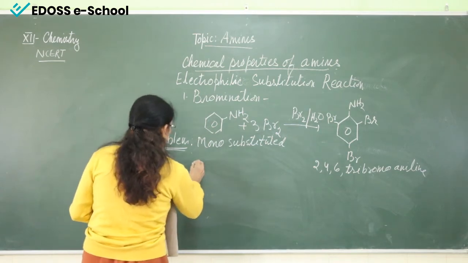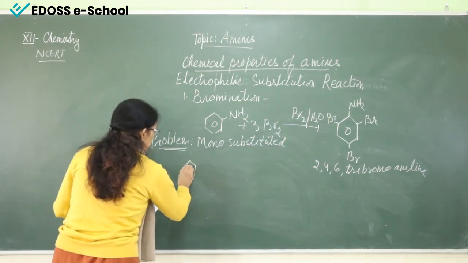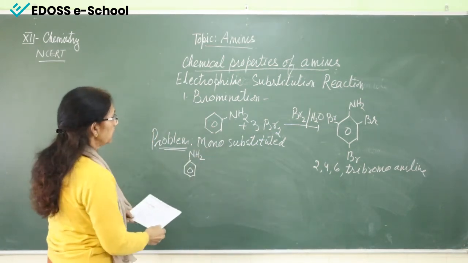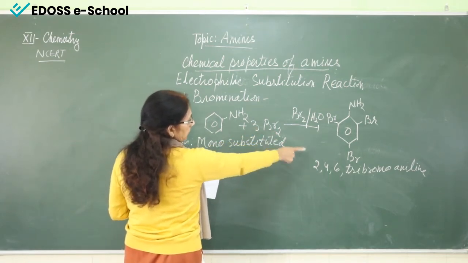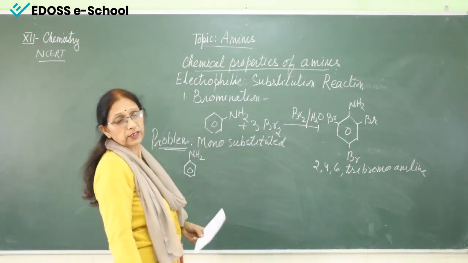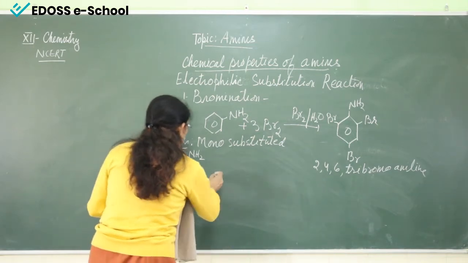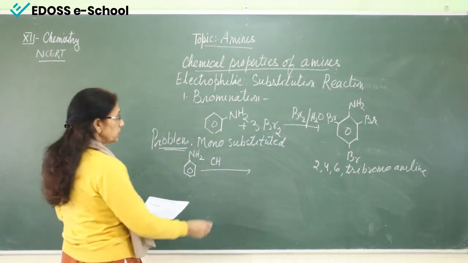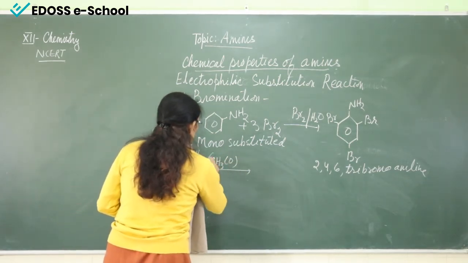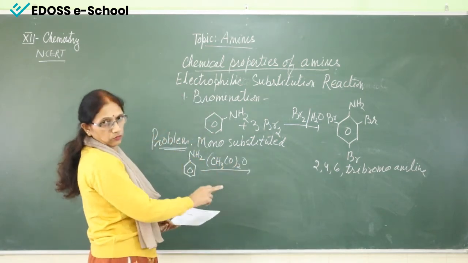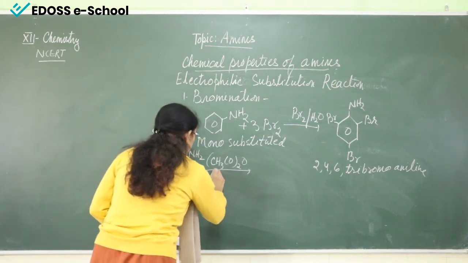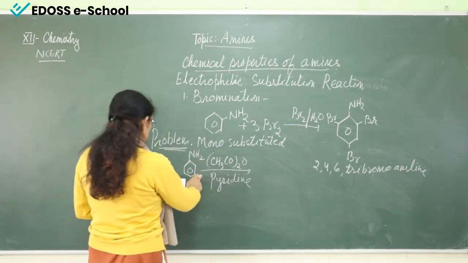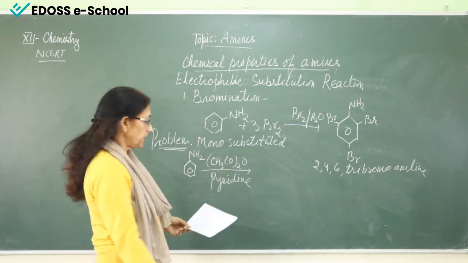We can see here, this is aniline. Here we reacted it with bromine and got the ortho and para directing compound. Now here we will react it with acetic anhydride, CH3COO whole twice O, and pyridine. So aniline is being reacted with acetic anhydride and pyridine.